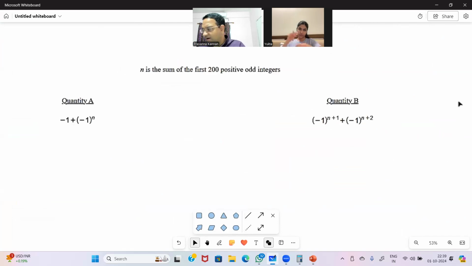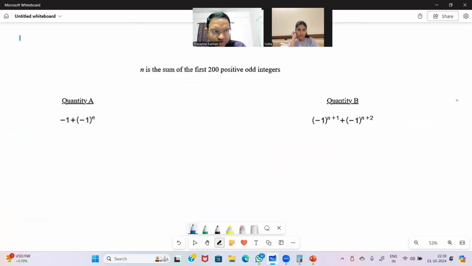Now, see the trend, Yukta. Suppose I'm going to add the first two odd integers, what is the number I'm getting? 4. Even. Let's say I'm adding the first three odd numbers. 9. Odd. Let's say I'm adding the first four numbers.